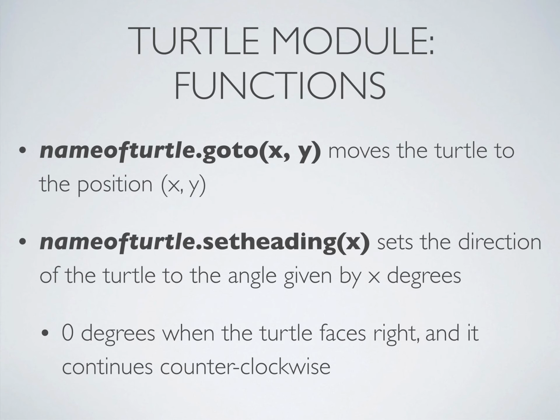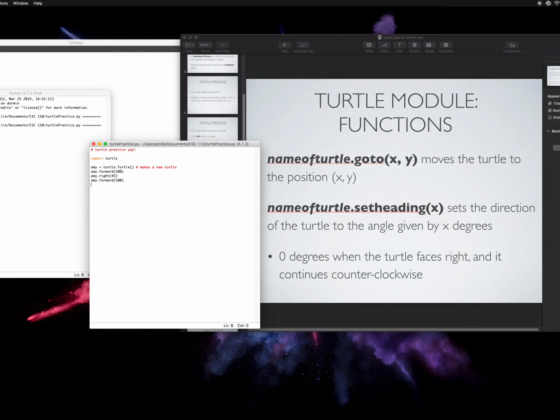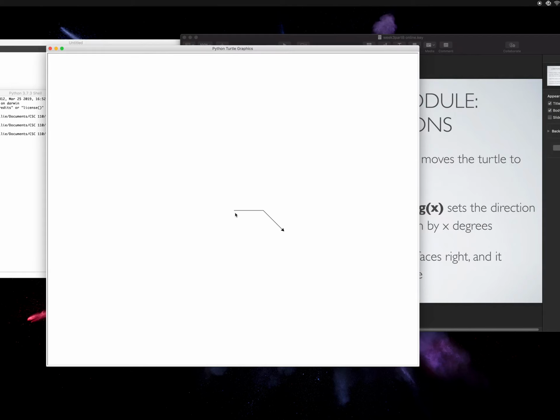Alright, a couple more functions you can use in Turtle. You can do the name of your turtle dot goto x comma y. Forward and backward are all moving the turtle relative to wherever it currently is sitting on the screen. If you want it to go to a specific position, like an absolute position, remember this screen that comes up, let me run it again, the screen that comes up is the XY coordinate plane, and where it starts right here in the center, that's 0, 0.